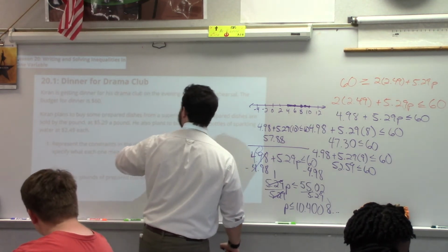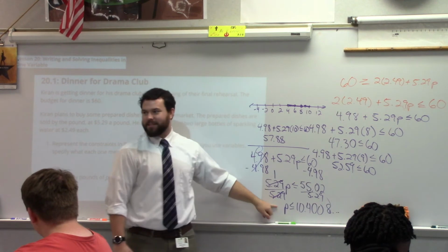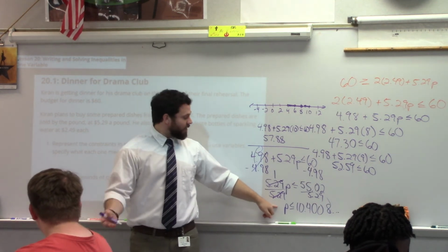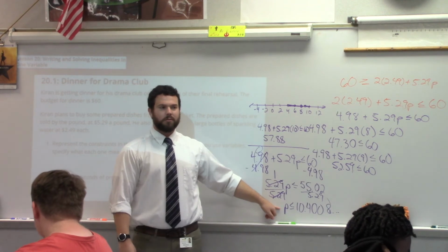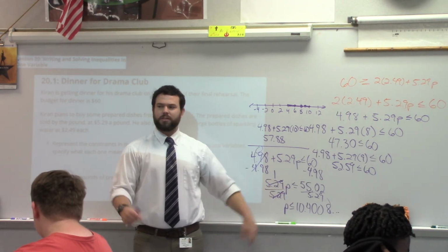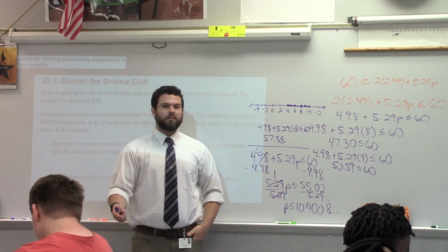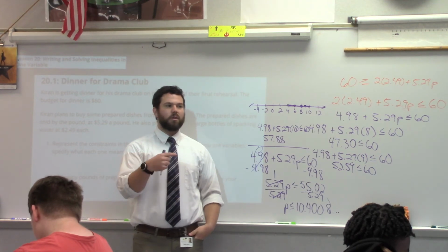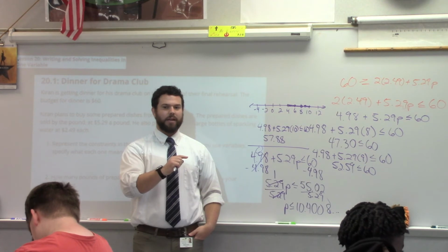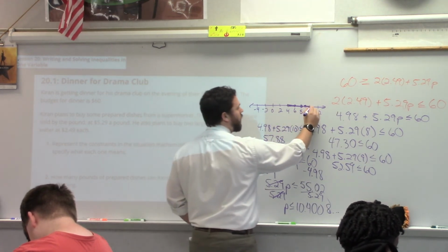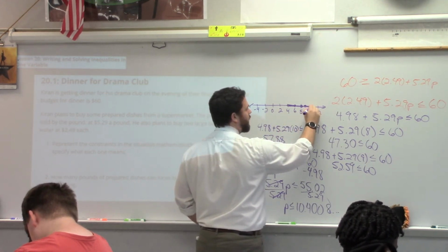Okay? It happens. But Kieran, right? So Kieran can buy how much food? 10.4008. Is it just 10.4008? 10.4008 or below or less, right? So I'll go to 10.4, roughly here.